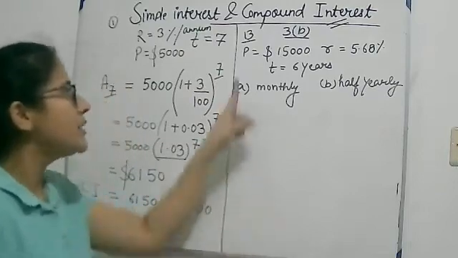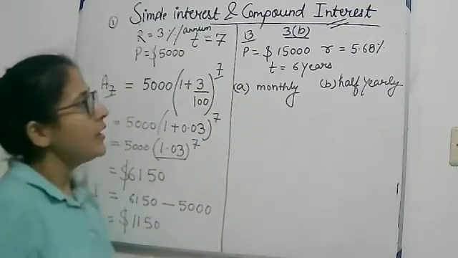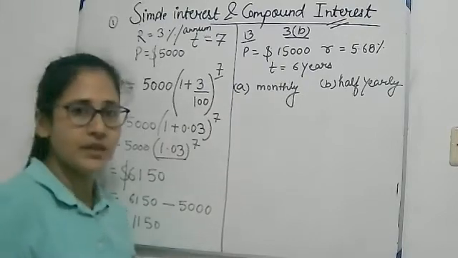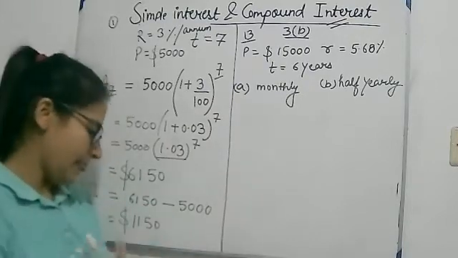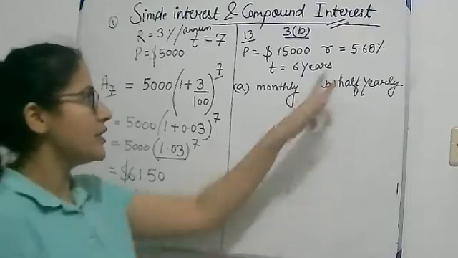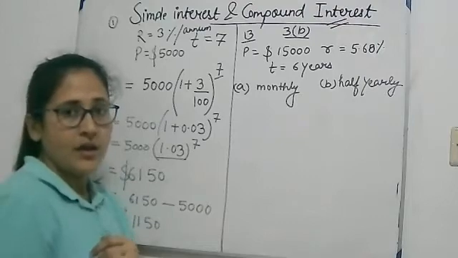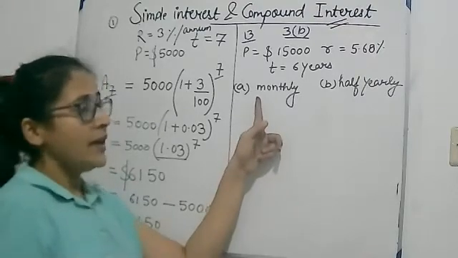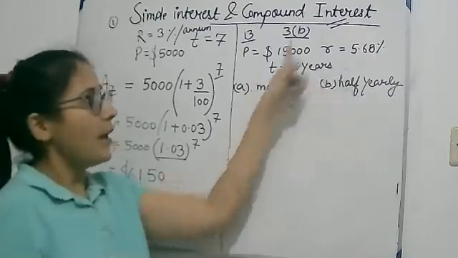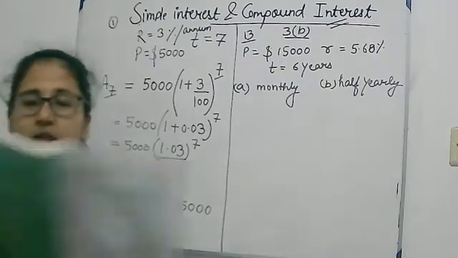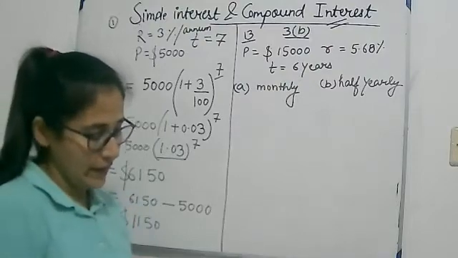Now we see this question. In this question, the principal amount is 15,000. The rate of interest is 5.68% per annum and the time is 6 years. This is the question from your book, question number 13.